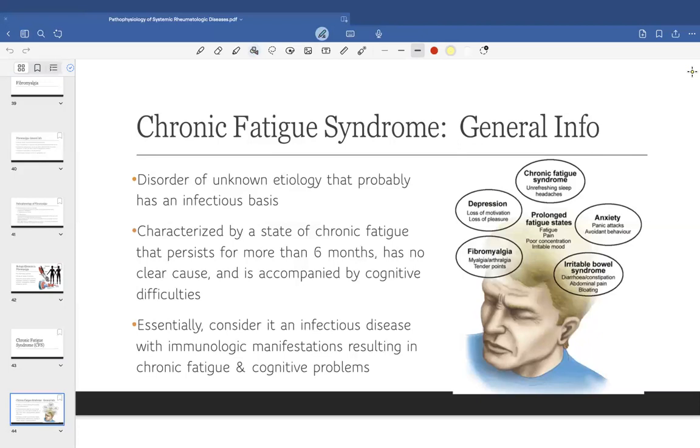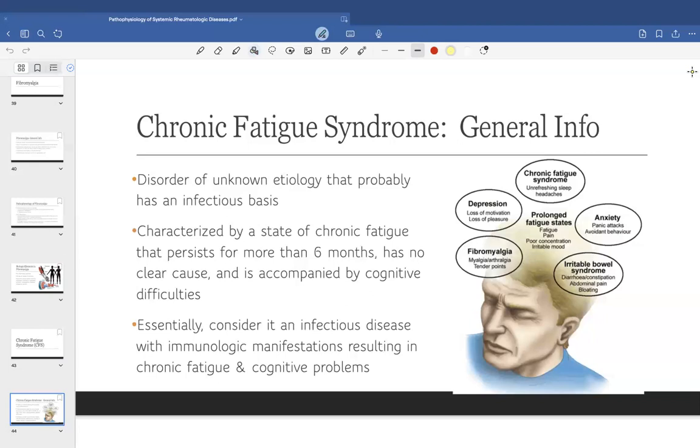We don't know specifically, but the current thought process is that the immune system, from some type of infection, has not quite reached that resolution phase.